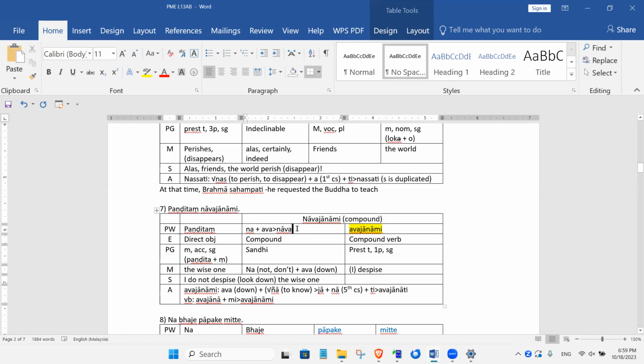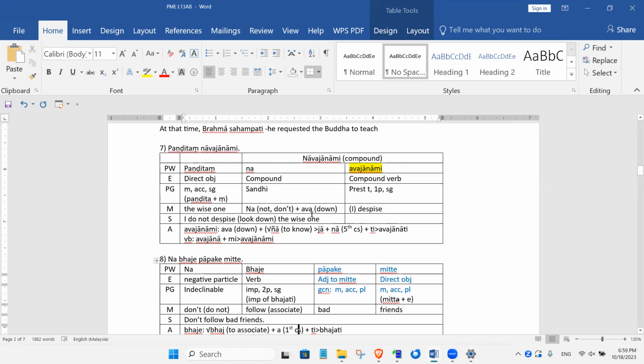Na is another one. So na avajanami is easier to understand. Oh, okay. Thank you. Na is a don't. Is what type of compound, Sajid? Normal compound. Now and now, right? So avajanami. Ava is down, like just now say ava is down. Janami is I know. You know somebody is down. So means that you look down or you despise. Okay.